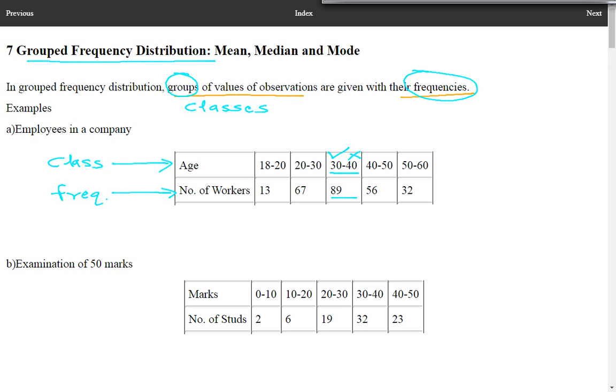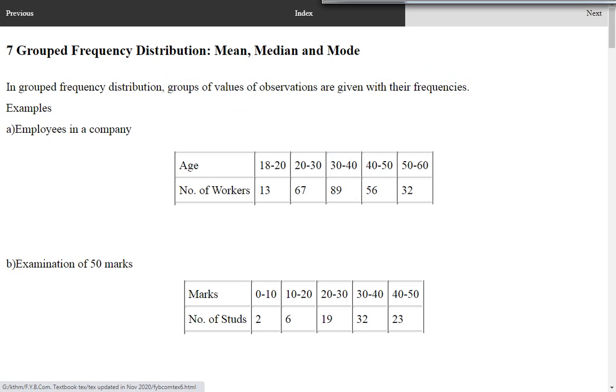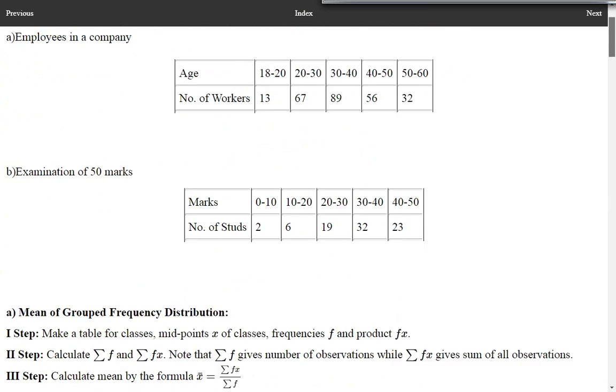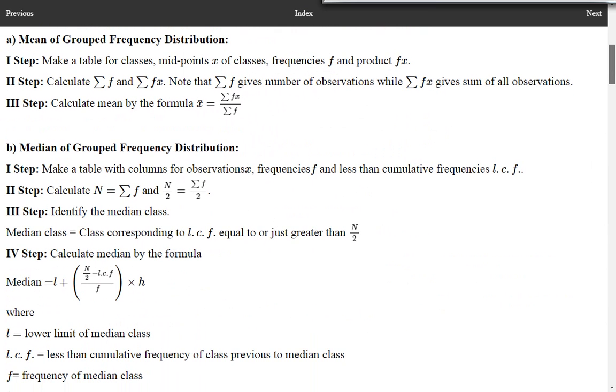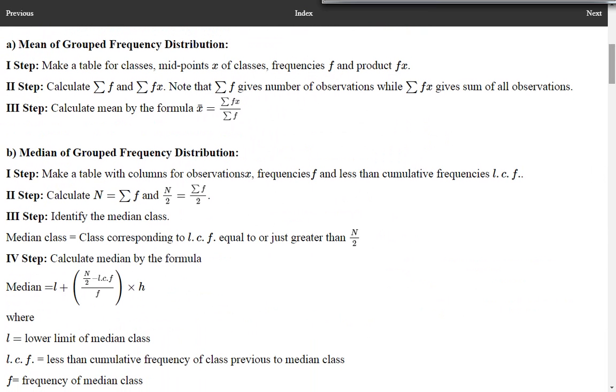Let us see the procedures for finding mean, median and mode of group frequency distribution. So to find mean, we have to go through these steps. First step, make a table with classes, midpoints of classes x, frequencies f and product fx.